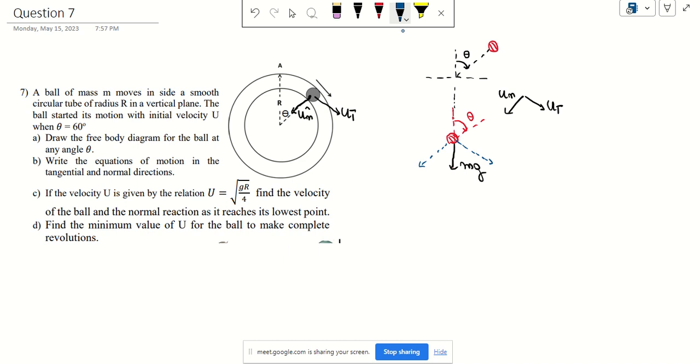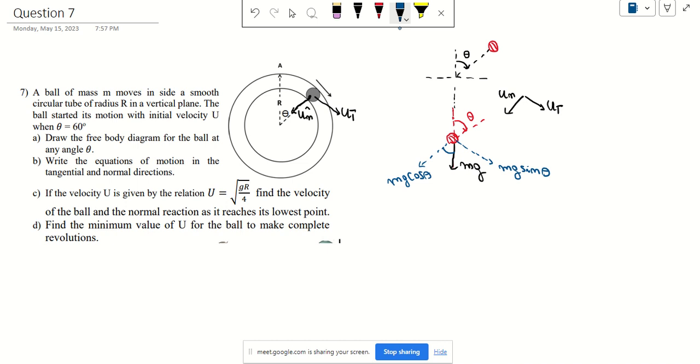And by vertical opposite angles, you will find that this is theta again. So this is mg cosine theta, and this is mg sine theta. And guys, we have a mistake here, me and you.